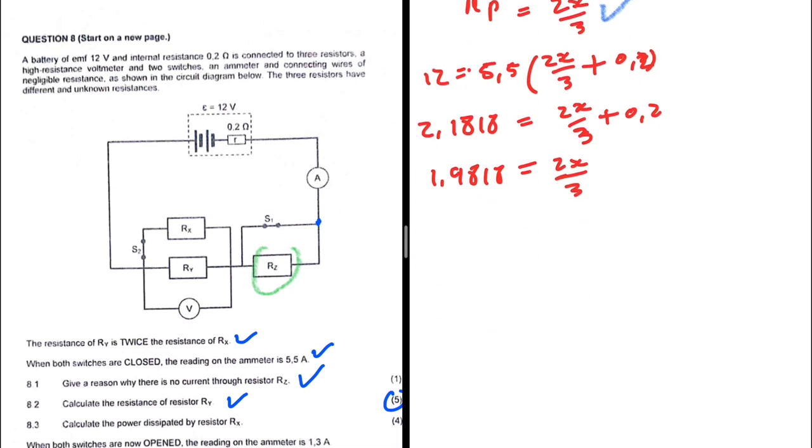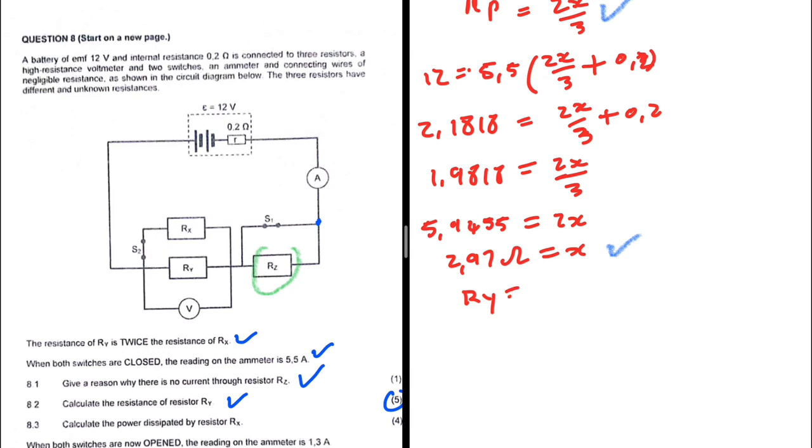Let's cross multiply. When I multiply that by 3, I get 5.9455 being equal to 2X. So divide both sides by 2. 2.97 ohm is equal to X. This is the resistance of Rx. We're looking for the resistance of Ry.